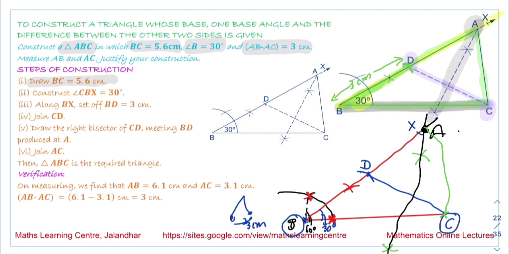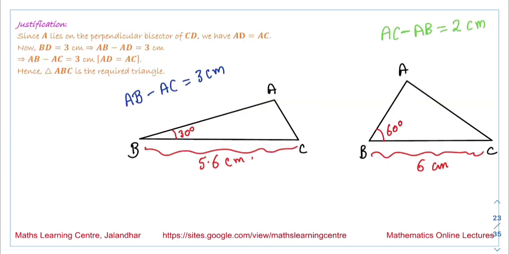If we measure the length of the sides, we will get that the length of the side AB is 6.1 centimeter, and the length of the side AC is 3.1 centimeter. So the difference of these two sides is 3 centimeters.